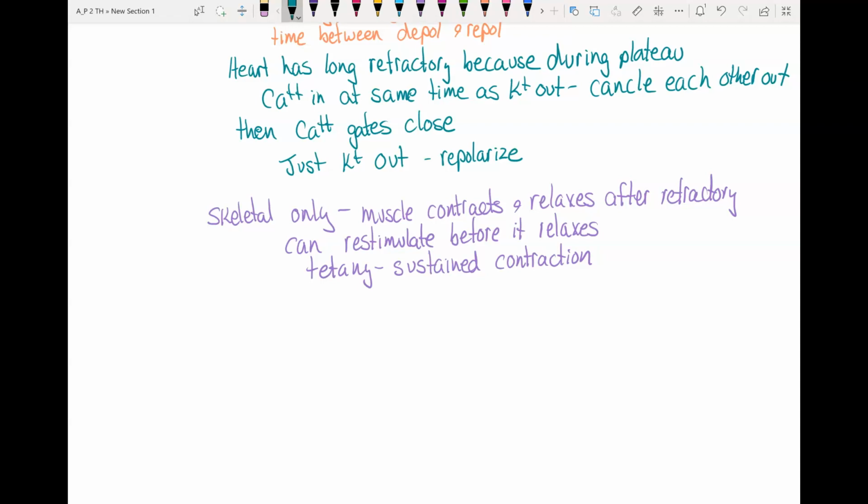In your heart, you have that plateau, which stretches out the refractory.